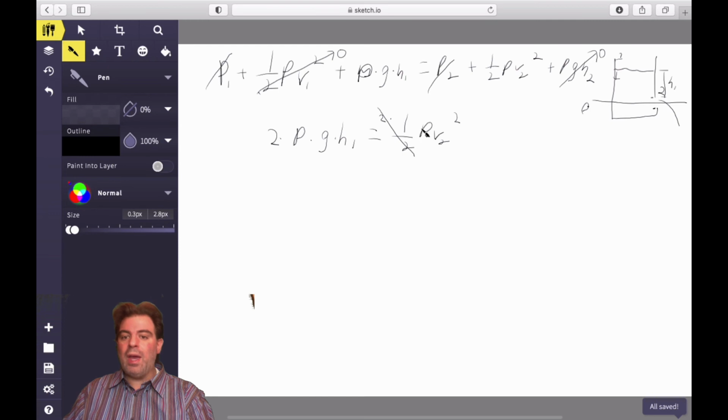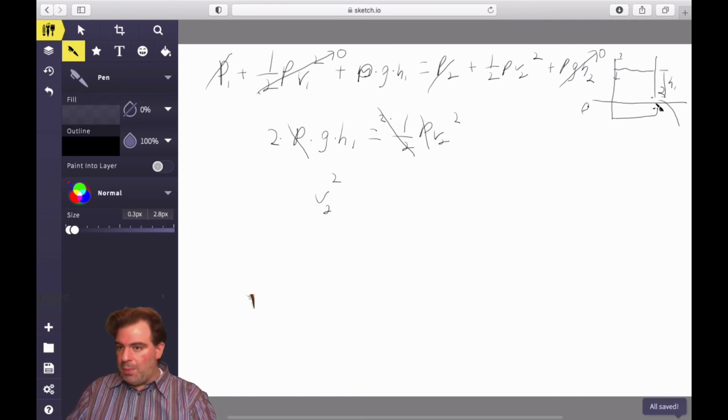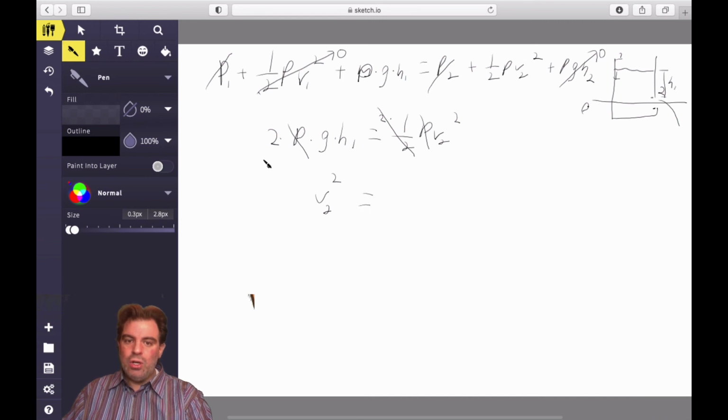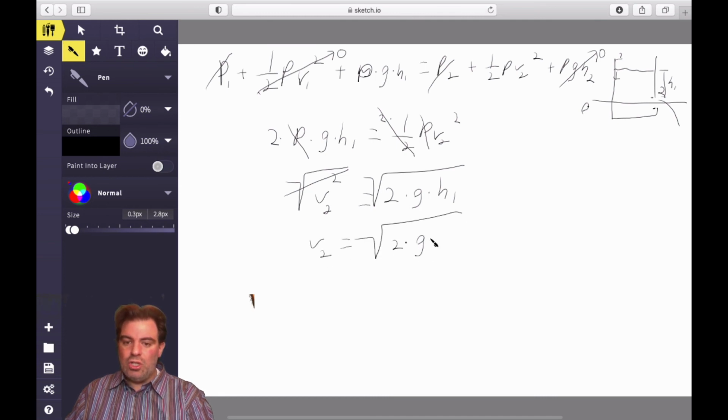Also, we have density on either side, so we can also cancel it out. Our equation now, I'm just going to flip it quickly, is v2 squared, the velocity by which it's leaving over here, equals 2 times g times h1. And now, of course, we take the square root on either side, and we clearly see that v2 equals the square root of 2 times g times h1.